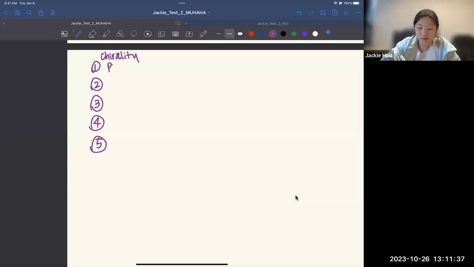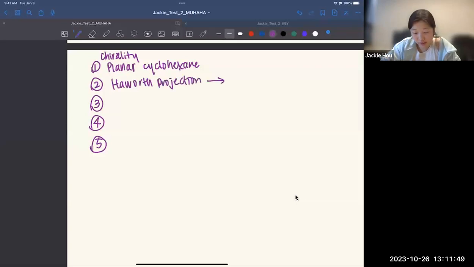You might be given a planar cyclohexane, a Haworth structure, and then in this case, you want to draw it as a planar cyclohexane.